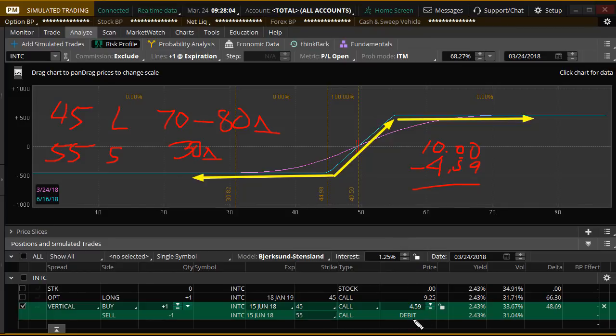By selling that call option against it, we've lowered our risk on the trade to $4.59. That's the maximum we can lose on a trade. Okay? We can't lose any more. That's a standard debit spread.